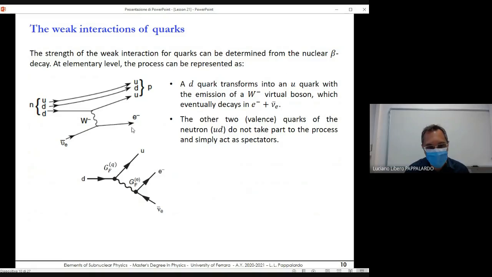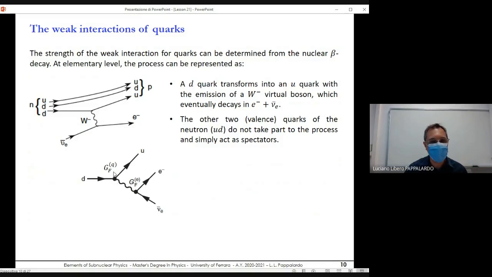And from the elementary point of view, we can just single out this interaction at the elementary level. So we have a d quark that goes into a u quark with emission of a W, which decays into an electron and an electron antineutrino. Again, here we can identify two vertices with, in principle, two different couplings, as we did before for the muon decay.